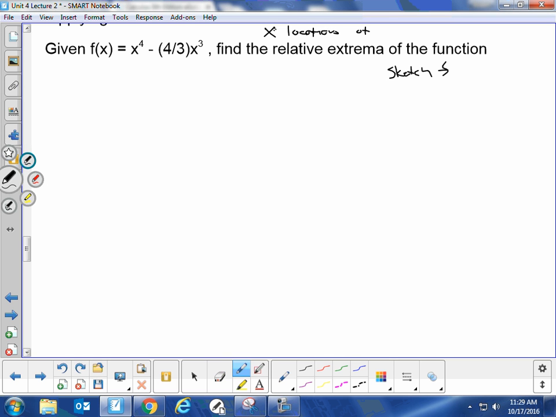Find your critical points. Examine the signs around your critical points. Nice.